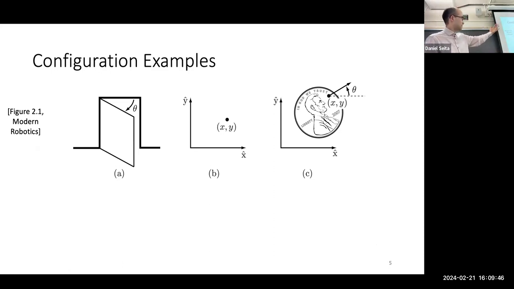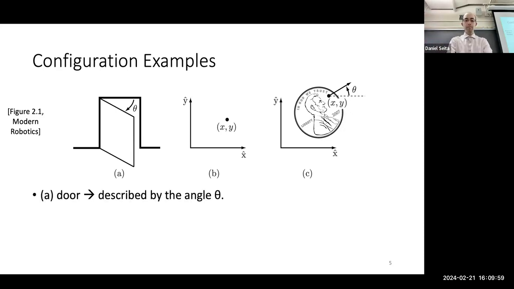So look at this figure. We have to think about what is the minimum number of real value coordinates that we need to describe these objects. If we have a door and we assume the door is fixed here, then it can only move around one axis, and you can describe the entire configuration with just a single angle, theta.